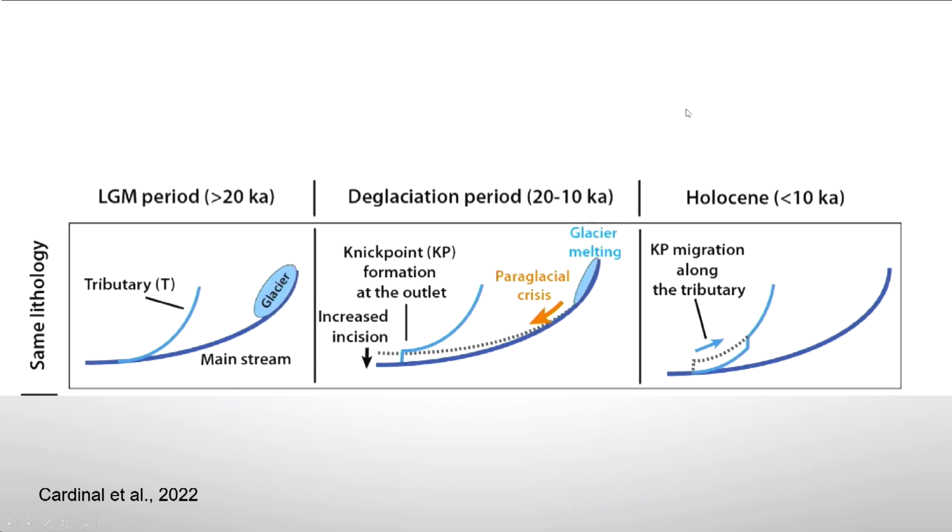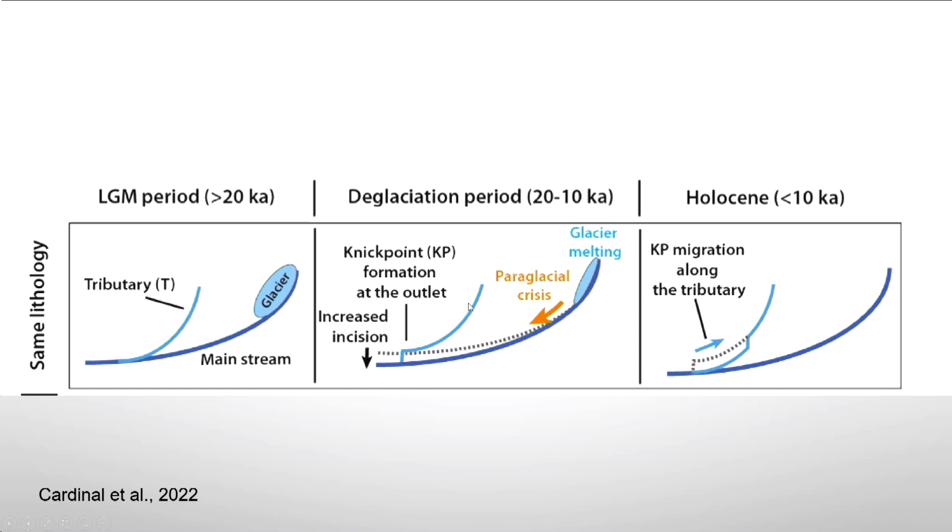So this was a possible interpretation of this behavior, is to interpret this as the direct influence of glacial meltwaters into the river system during the deglaciation, which will impact the amount of runoff in the main stem, but not in the tributaries, and which will increase the incision rate directly after the LGM in the main river.